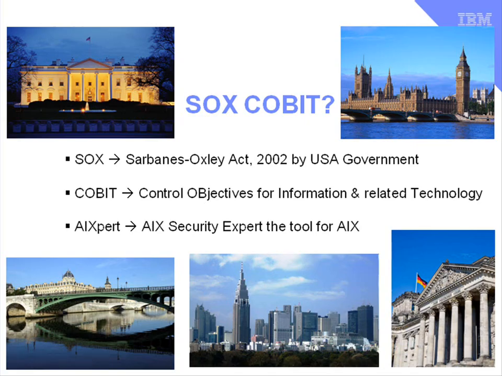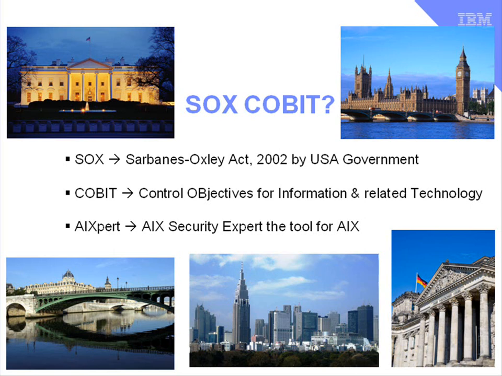Now a little bit of background to explain some of these terms. After the world-famous alleged irregularities at Enron and WorldCom and Tyco, the US government created an agency that wrote the Sarbanes-Oxley Act. This covers the mandatory financial reporting for companies. There's 11 chapters in here, but it is written in general business terms, not in IT terms.